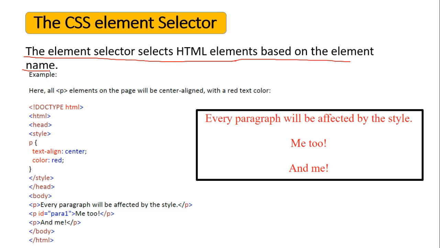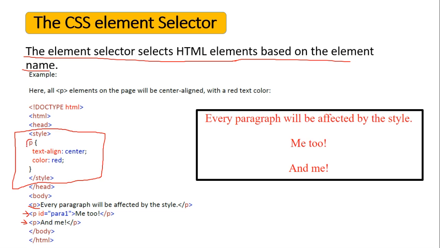Like in our previous classes, we have one paragraph, followed by another paragraph that has an ID, and then one more paragraph. Suppose you have 3 different paragraphs inside our HTML page. This part is your internal CSS.